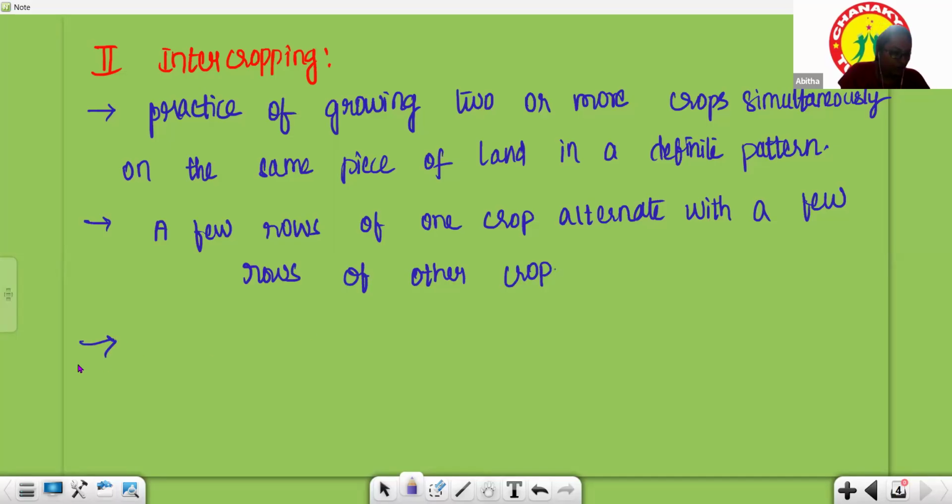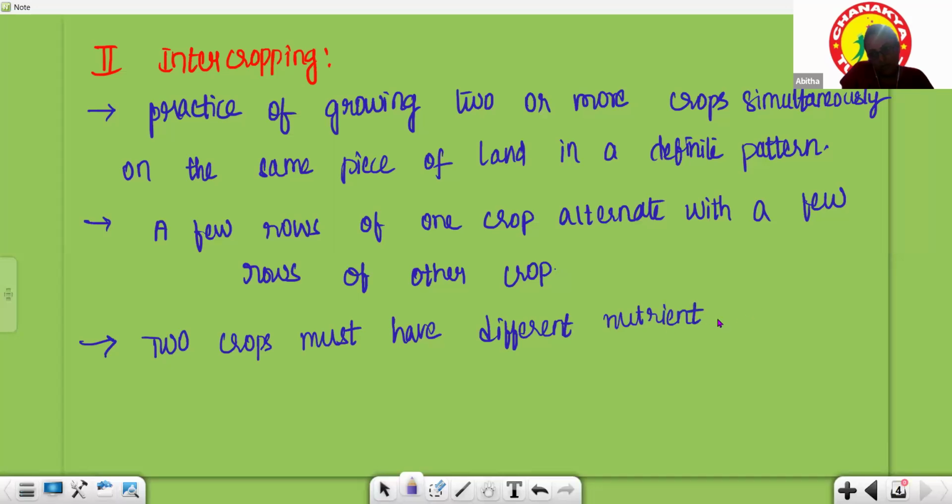And whatever two crops you select, they must have different nutrient requirements from each other.